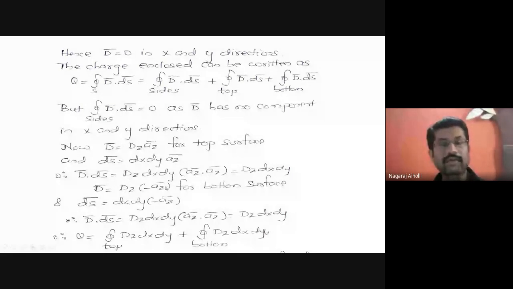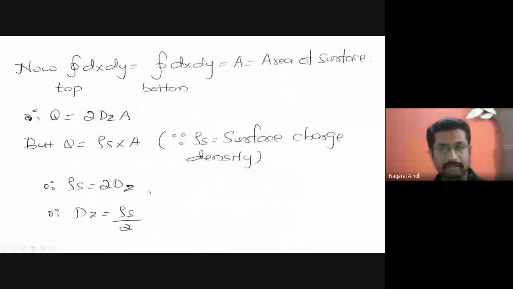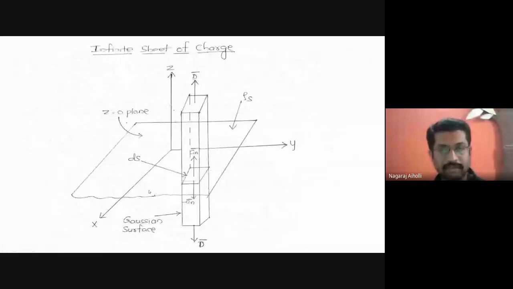Now write for the bottom surface of the rectangular box, the bottom surface of the Gaussian box or the Gaussian surface. D bar is equal to dz is the magnitude, and the unit vector, if you consider the bottom surface, will be minus an bar or minus az bar. Clear here?